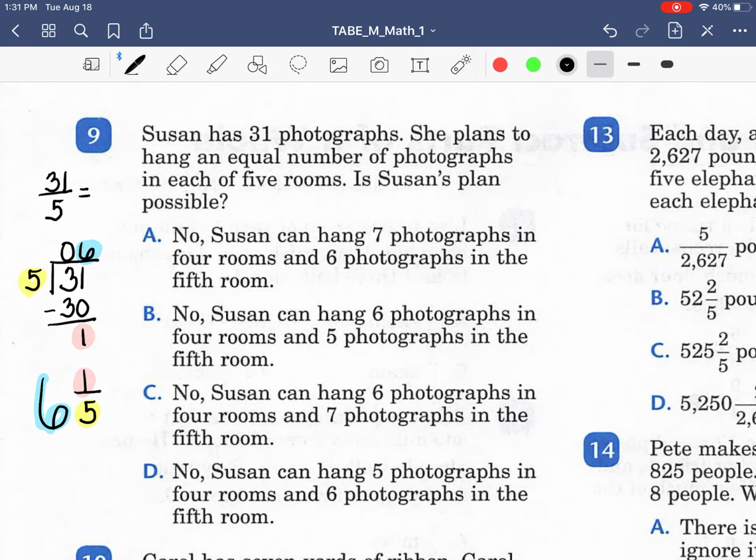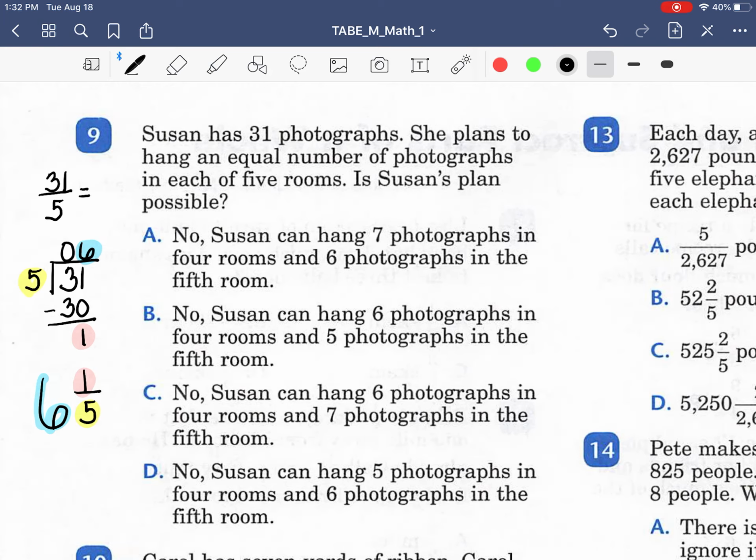So is it possible for Susan to do that? Let me just read the choices. A says, no, Susan can hang 7 photographs in 4 rooms and 6 photographs in the 5th room. B says, no, Susan can hang 6 photographs in 4 rooms and 5 photographs in the 5th room.